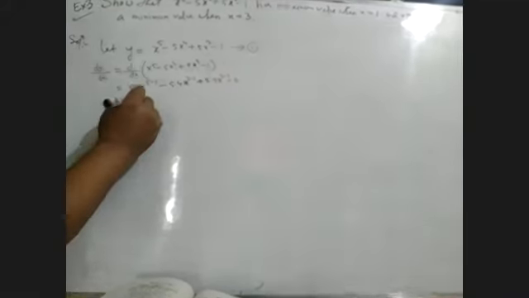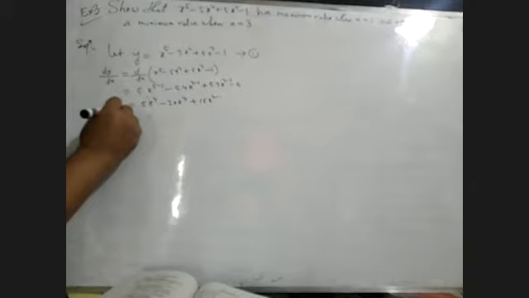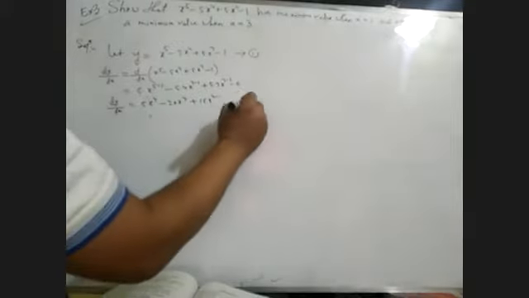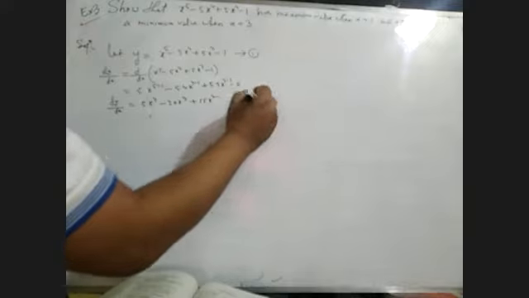That means we get 5x to the power 4 minus 20x cube plus 15x square. So dy dx equals this. This is equation number 2.